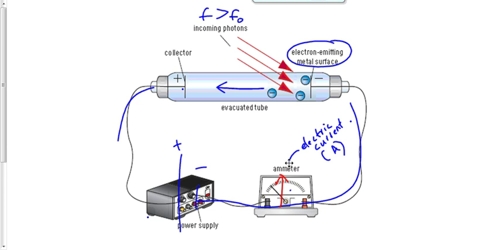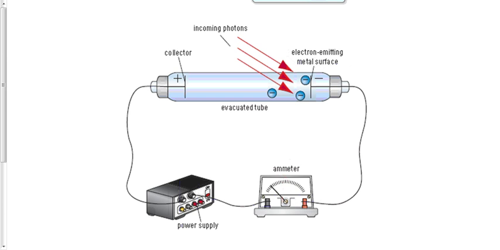What happens if we take almost the exact same apparatus, but we flip around the power supply? What happens if we flip it around like this? Well, then this collector becomes what? Negative. And this surface over here becomes positive. All right. So now we've got a photon.